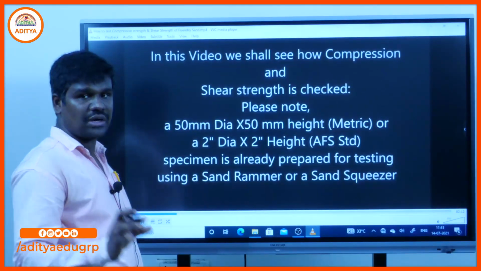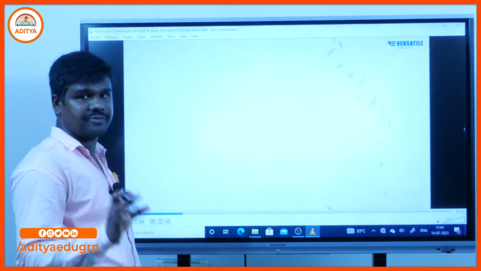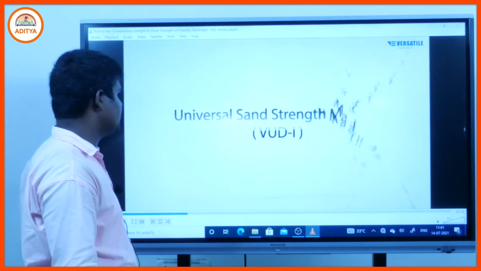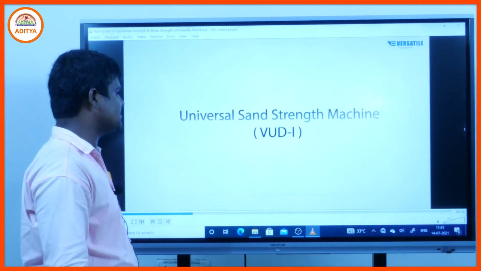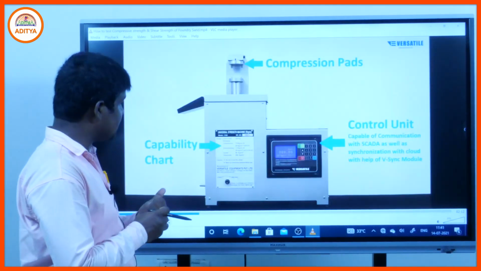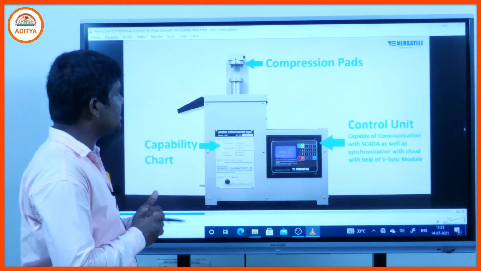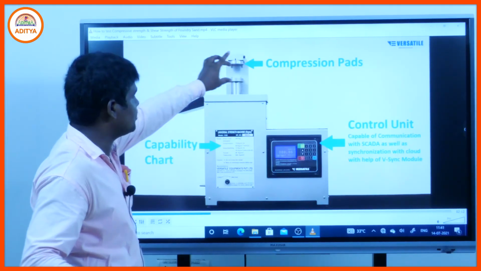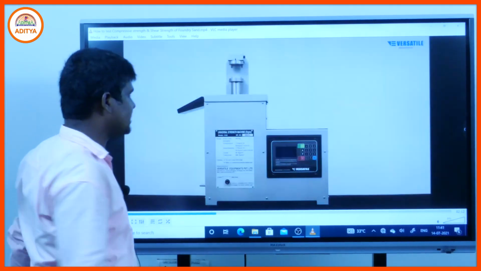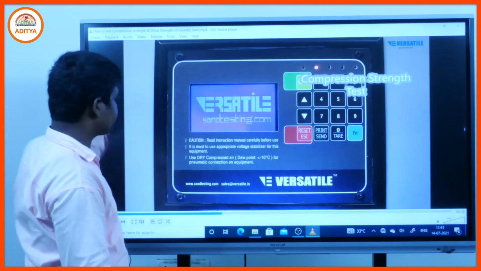First we prepare the standard specimen, 50 millimeter height and 50 millimeter diameter. That is the universal sand strength machine we are taking, and those are the compression pads. Here we keep the standard specimen, and that is the control unit.